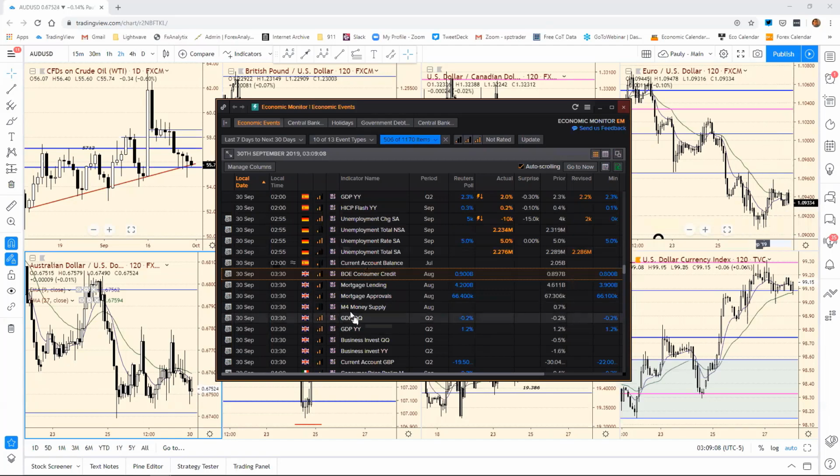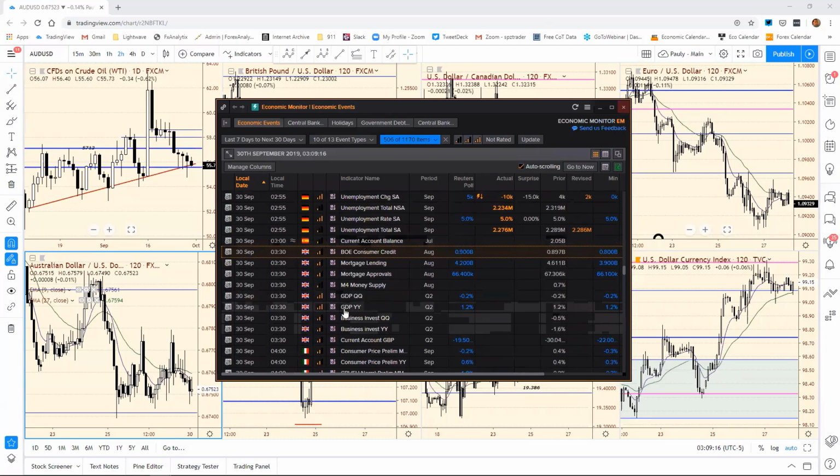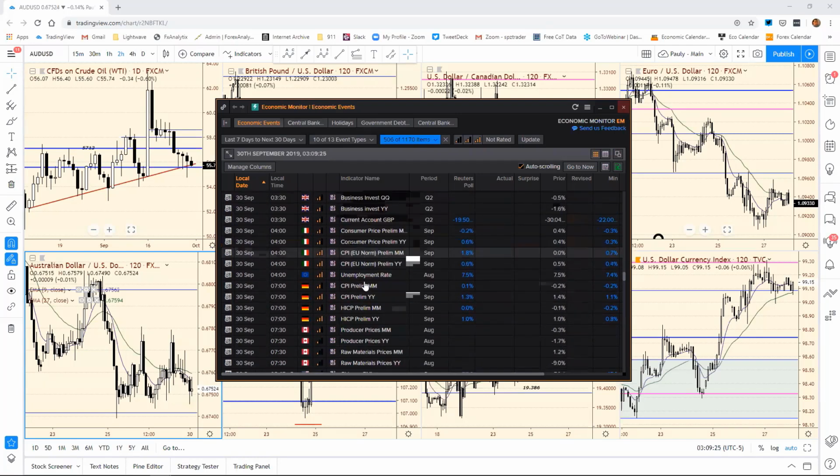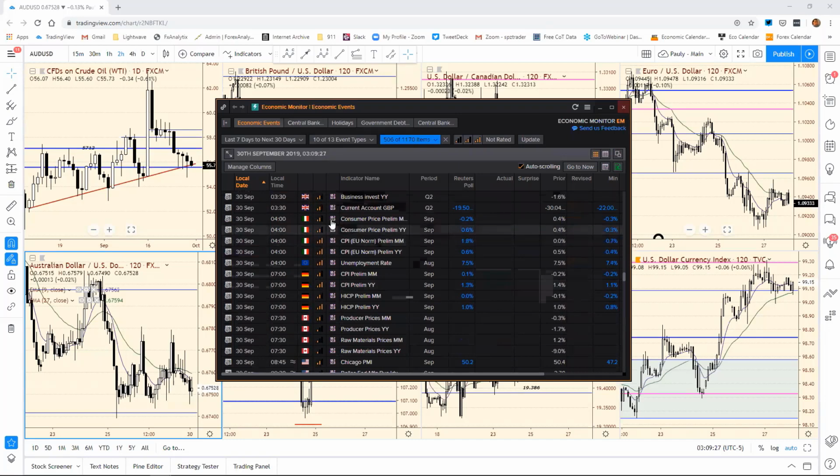We do have British data at the bottom of the hour. Mortgage lending and approvals, and also GDP second quarter, which must be a final reading, and business investment. And as we come into the States, Italian consumer prices is going to be at 5 a.m. Eastern.